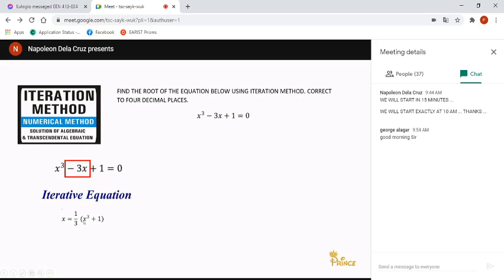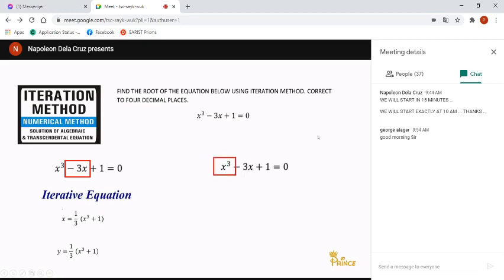Pero since nakakalito nga yan, we will just assume that y is equal to 1/3 of x cubed plus 1, para hindi tayo malito. Second iterative equation, kunin uli natin dito. But this time, our subject of iterative equation will be the x cubed.